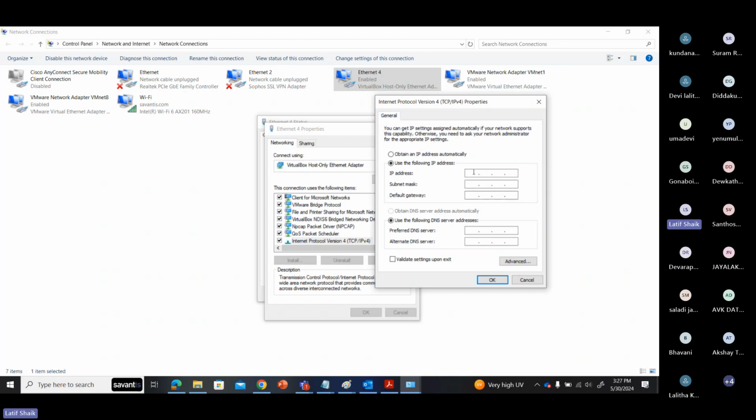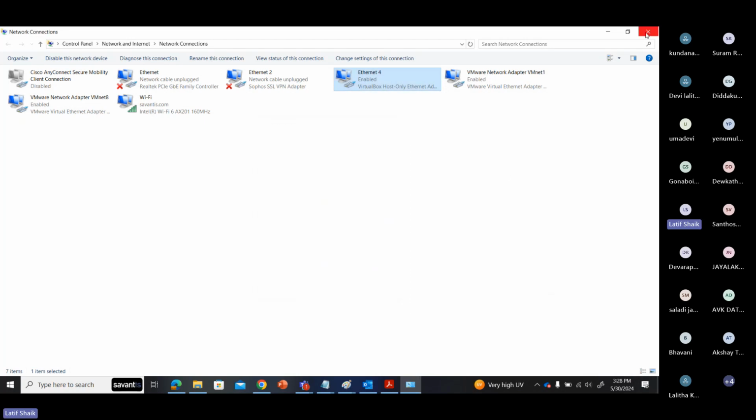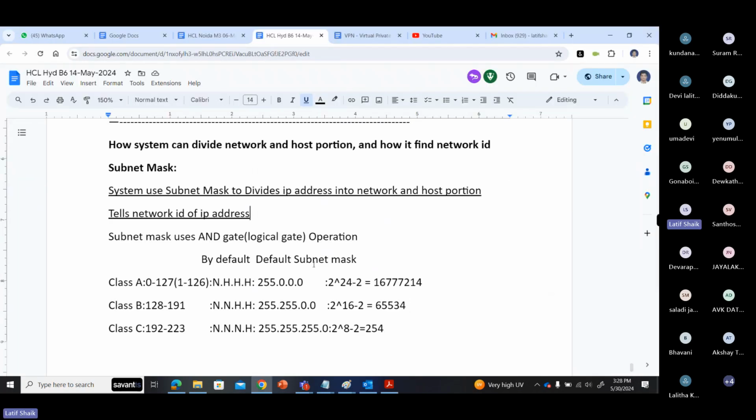When you are defining an IP address, it is always better to define the subnet mask. You can change the subnet mask if you want, but by default it shows some subnet mask. So what is the use of defining the subnet mask?